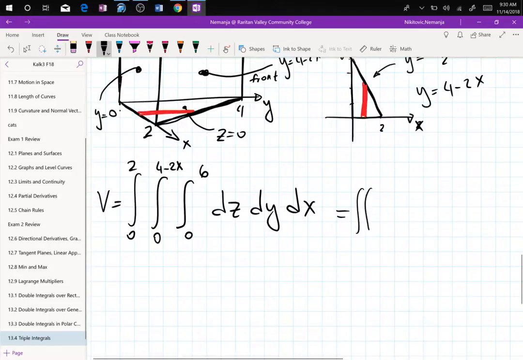So I have my double integral, and now this is 6 dy dx. I gotta buy a new tip for this pen because it's getting very difficult to write.